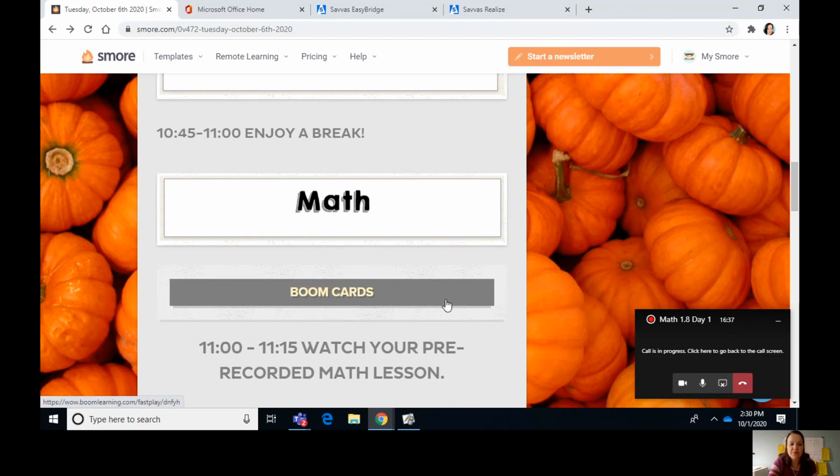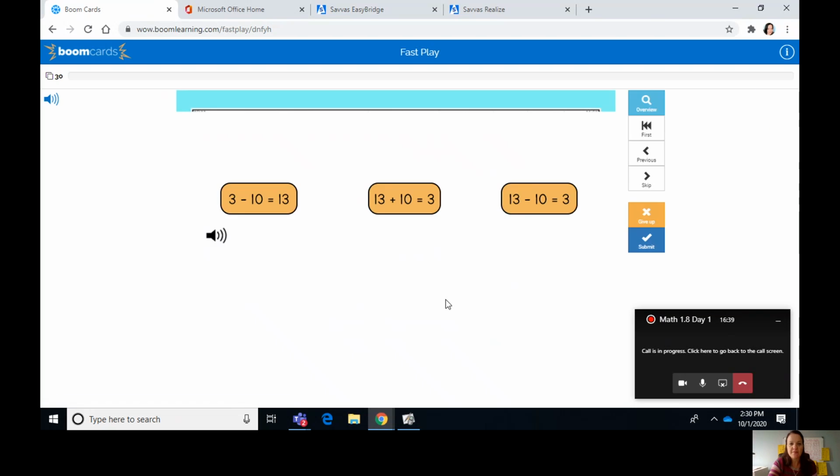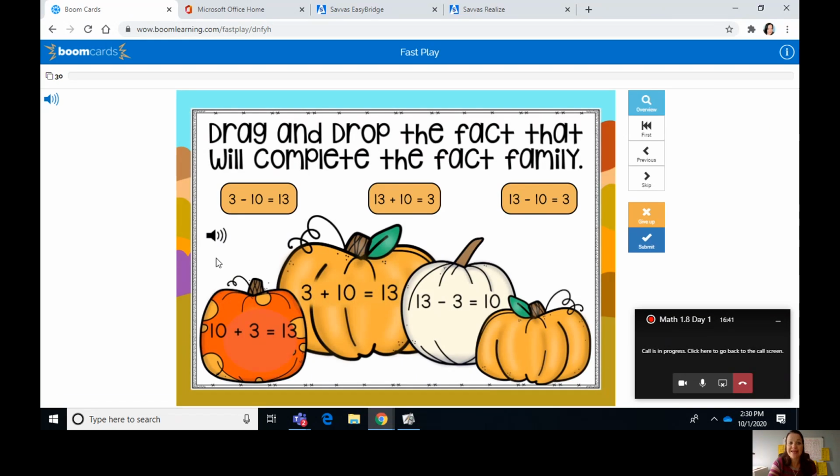So you can click on the boom cards and you can read. See that little speaker there that can read it for you? Okay, so you could try these problems. So super fun. So you may be doing them with your teacher, you may be doing them on your own.